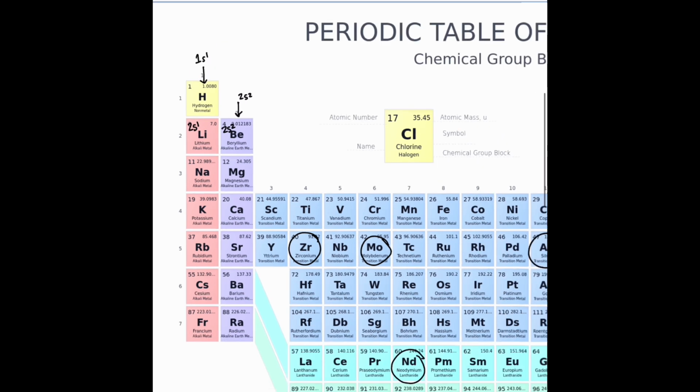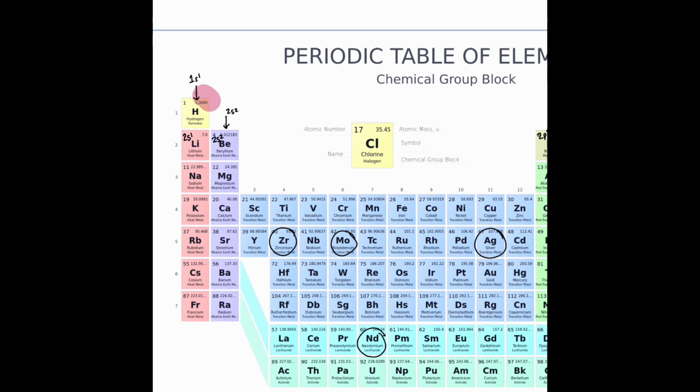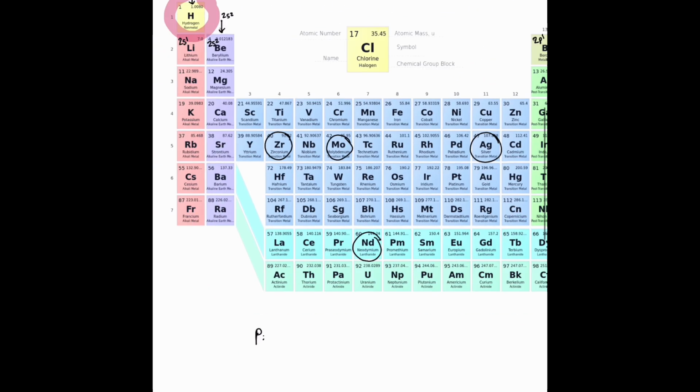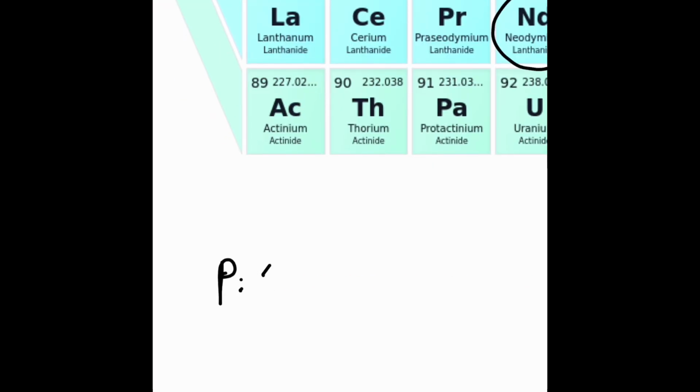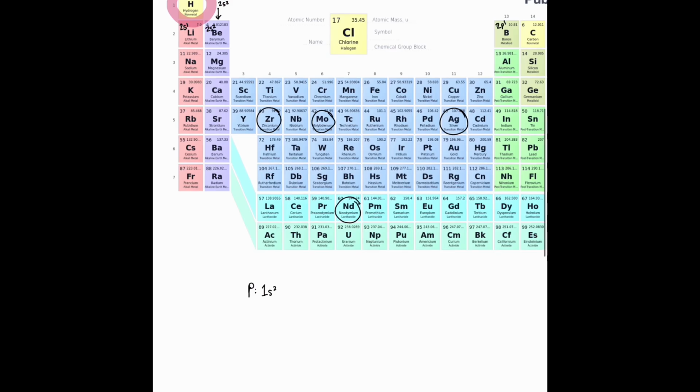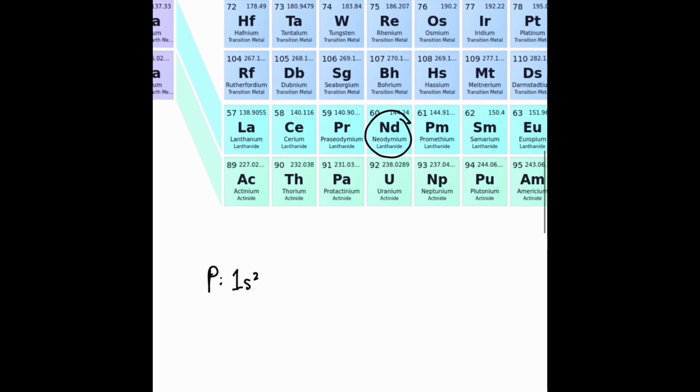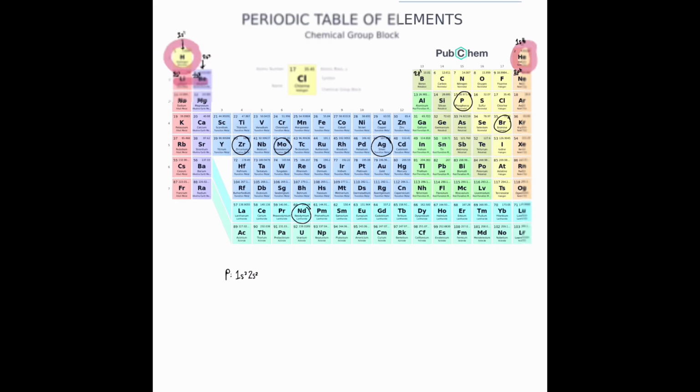Phosphorus, okay, we know we're going to have to get all the way through that first s orbital, so we know we're at least through 1s2. We then get through the second s, so at 2s2, being up to beryllium.